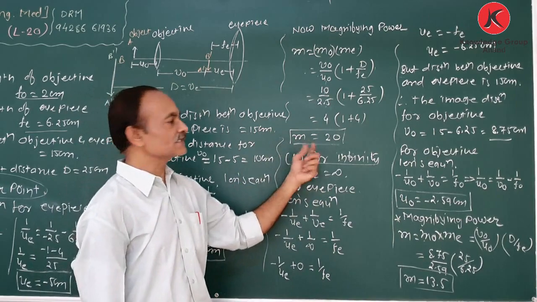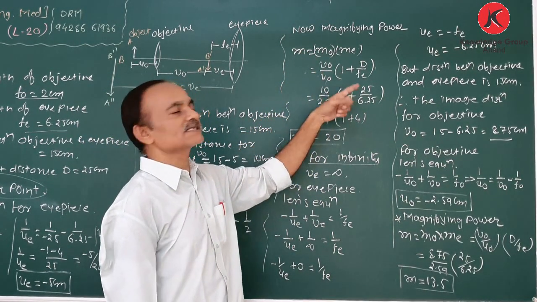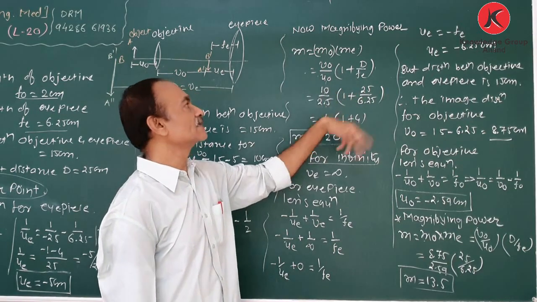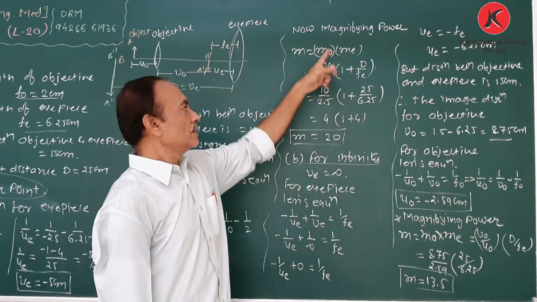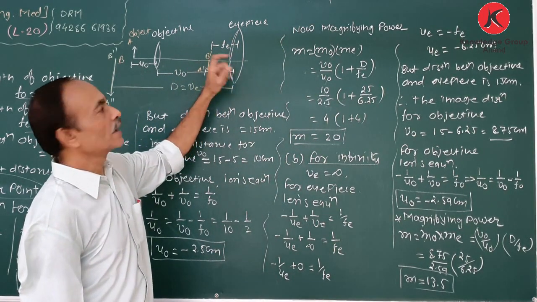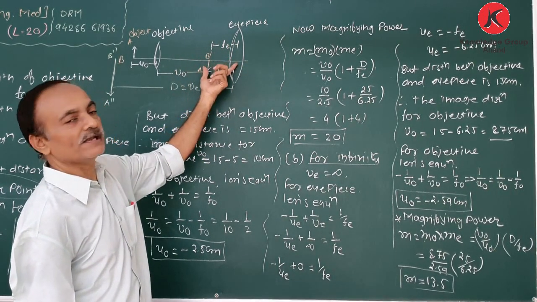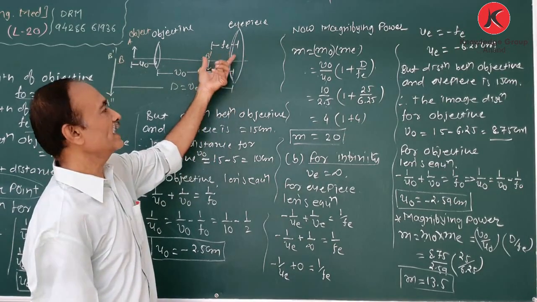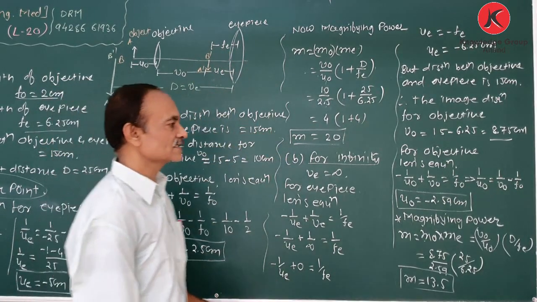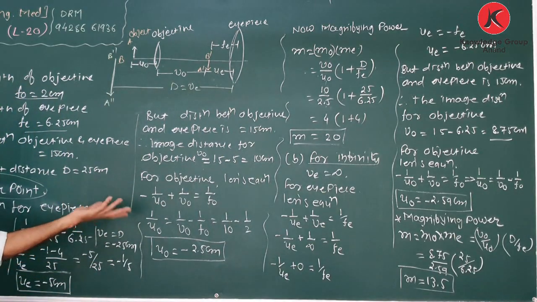While in the first case, the final image formed by the eyepiece is at near point distance. Therefore, the image formed by the objective is not on the principal focus of the eyepiece, but at a distance smaller than the focal length of the eyepiece. So it is a quite lengthy numerical, but both parts are the same, only the numerical values are changed. Clear?